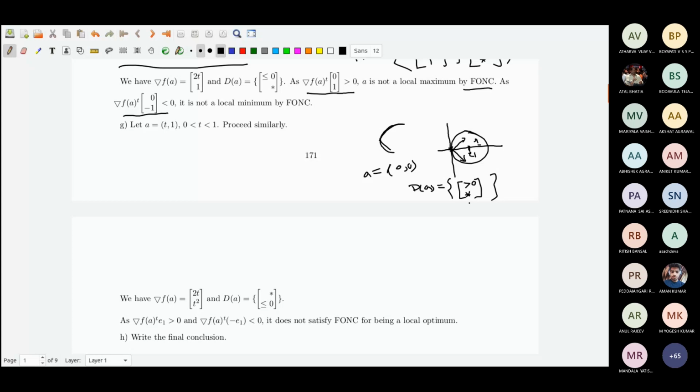This means you can travel towards the right half side, except that you are not allowed to travel on the y-axis. This particular direction is not available, where d2 is anything. d2 can be positive or negative, plus minus 1 or plus minus 2, anything. Those directions are not available, because the moment you start from (0, 0) and travel along this direction even a little bit, you are outside the circle.